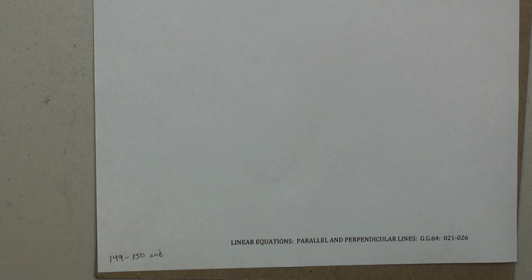Hang on a second. I thought I would have put that on a separate card. 149 through 150, which is just your basic line information.